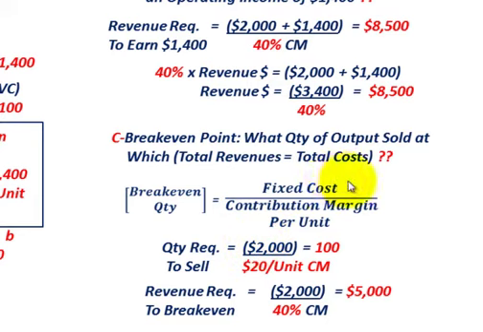Whatever you have in your numerator up on top, dividing it by the contribution margin on a per unit dollar basis is going to give you quantities. But if you divide it by the contribution margin as a percentage, then that's going to give you revenues.